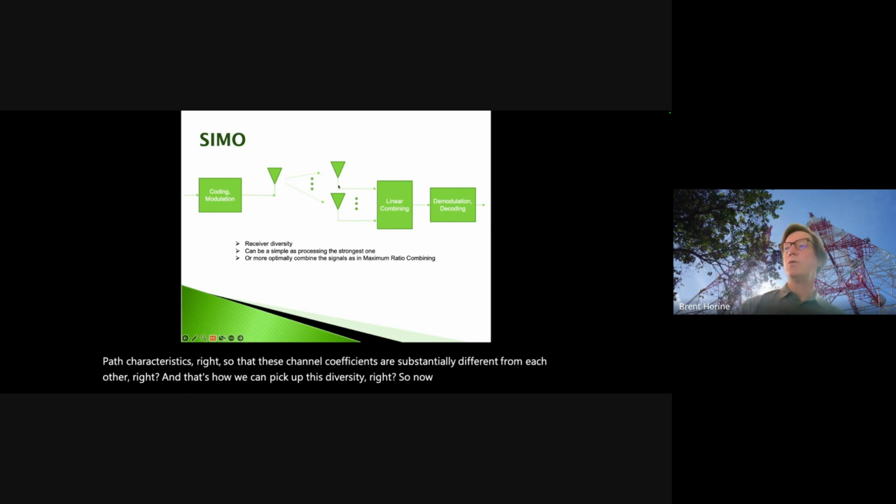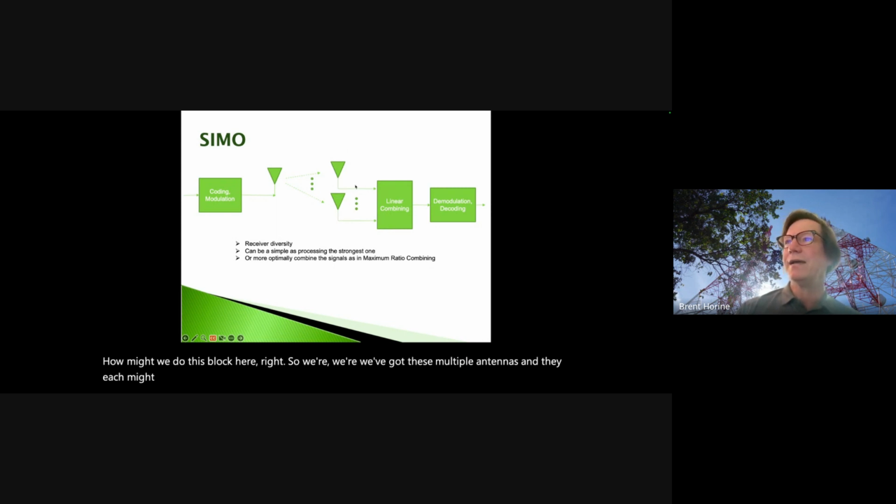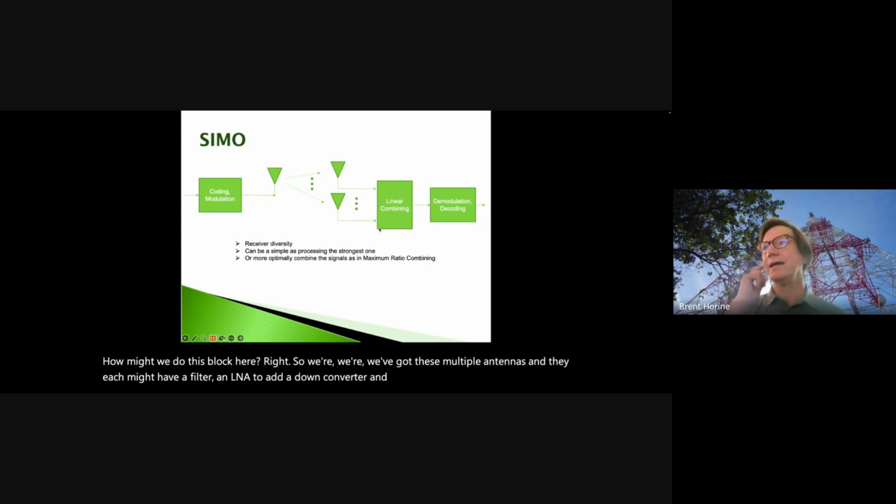So now, how might we do this block here? We've got these multiple antennas, and they each might have a filter, an LNA, a down converter, and an ADC.